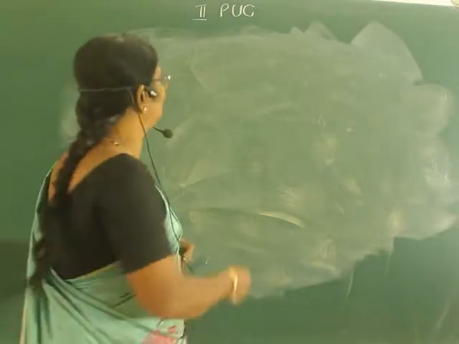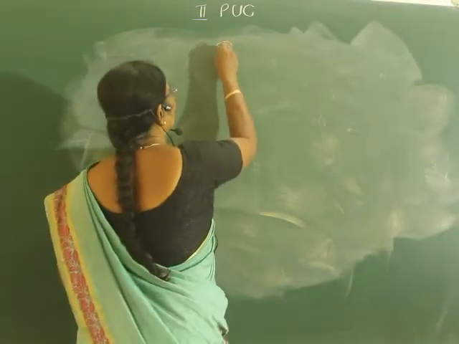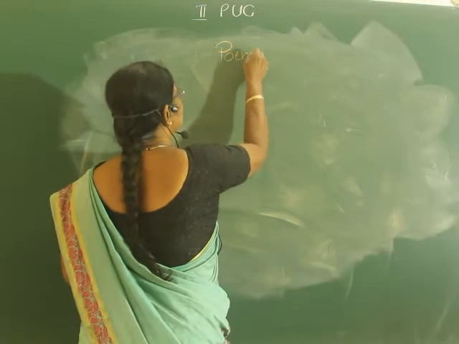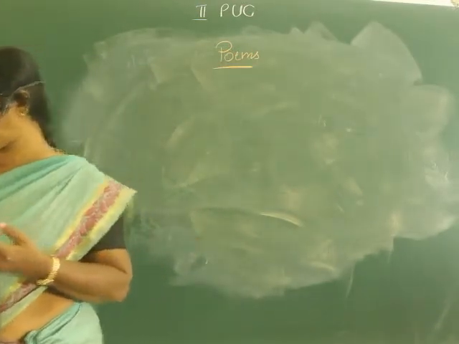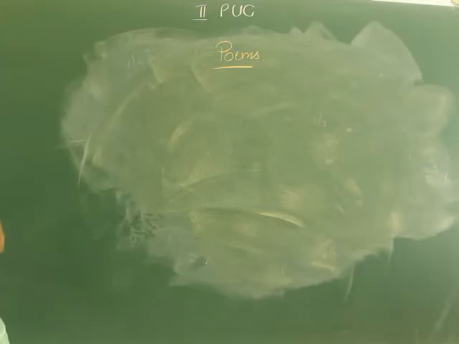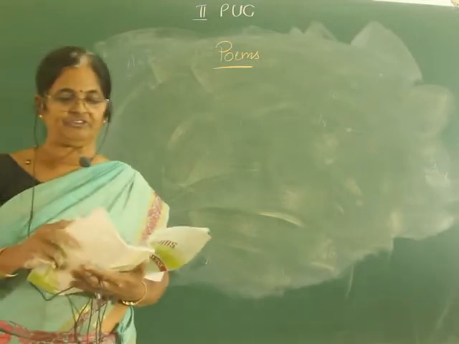Instead of phrasal verbs, let me do the poems, because some poems have to be completed before the examination. That's why. Okay? Then after that, let's go for phrasal verbs.